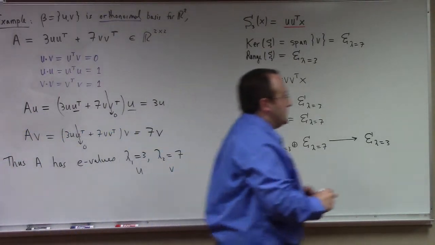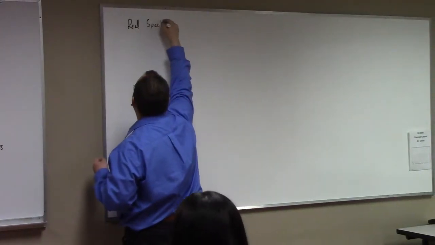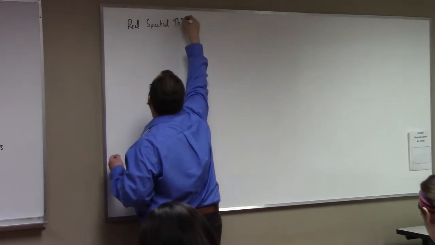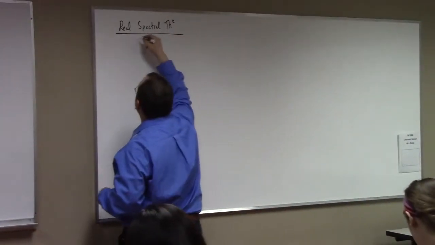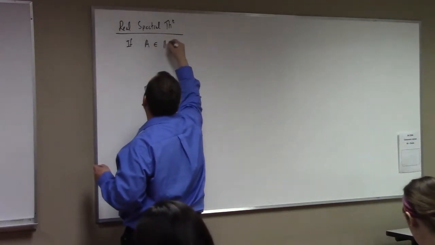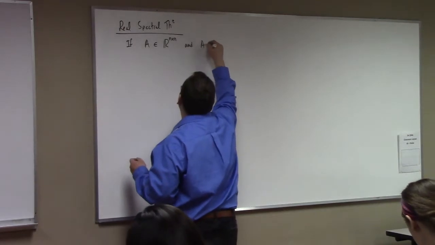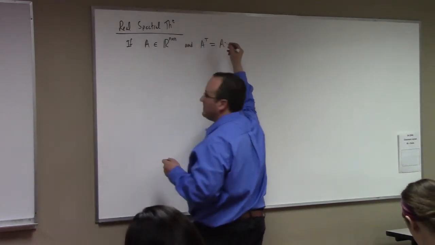And so the real spectral theorem basically says the following. If we have A, and I'll just stick with the matrix version of it, okay? But if A is an element of R^(n×n), and A transpose equals A, all right?